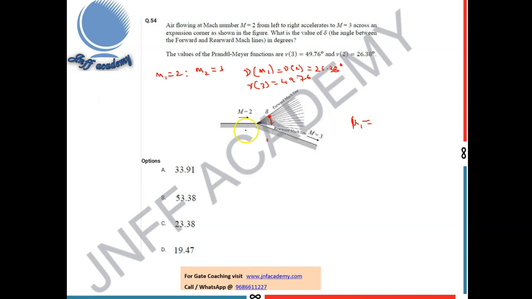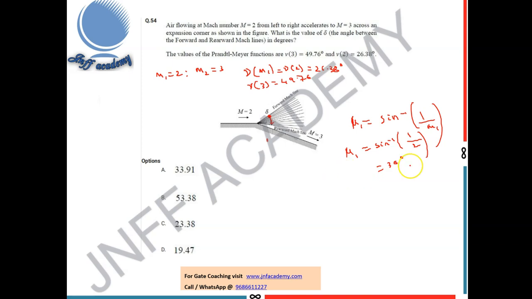The angle between the upstream Mach number and the first expansion wave. So mu1 is equal to sine inverse of 1 by M1, so sine inverse of 1 by 2, which we all know is 30 degrees.